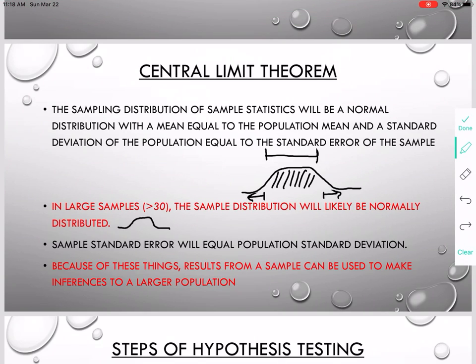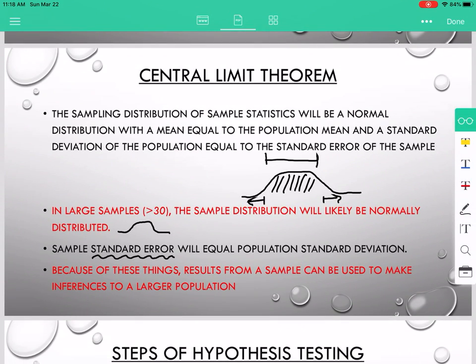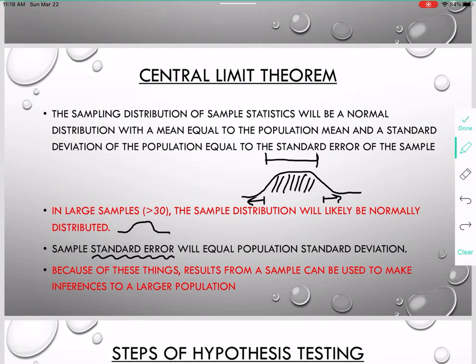You're going to be seeing this word throughout today's talk, standard error. It's another way of looking at standard deviation, just a little bit different. But basically what this is saying is our sample standard error will equal the population standard deviation. Don't get involved in the math. We're just saying that whatever error is occurring in the sample is also going to be occurring in the population.